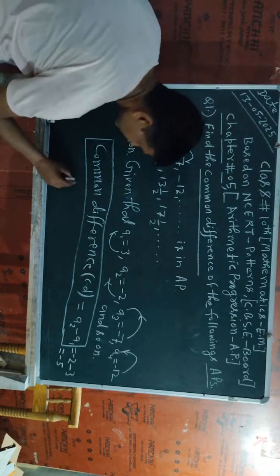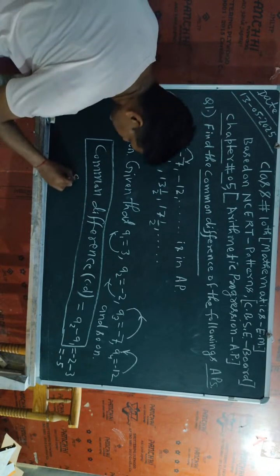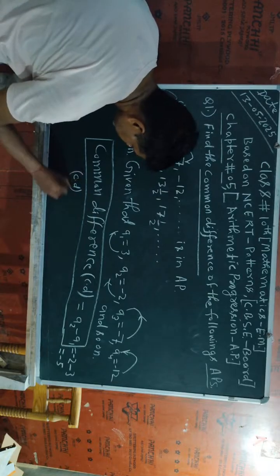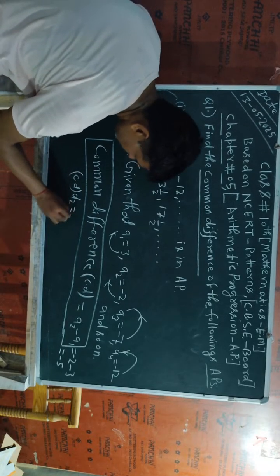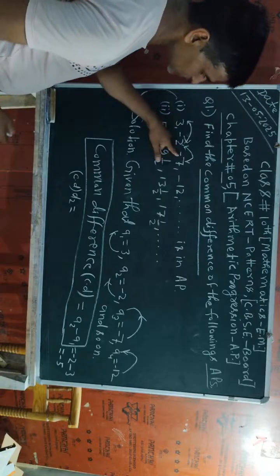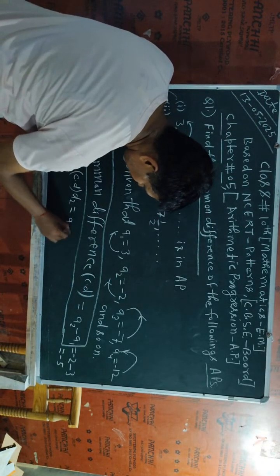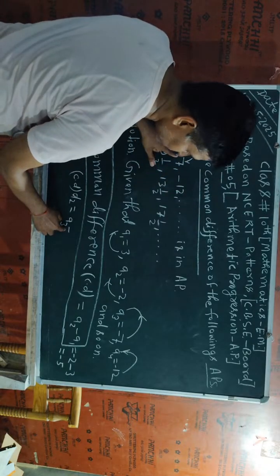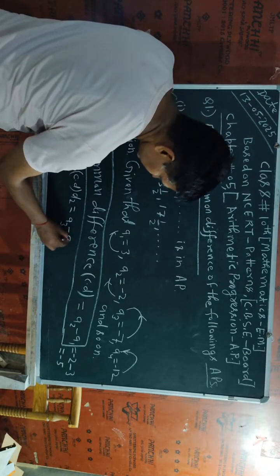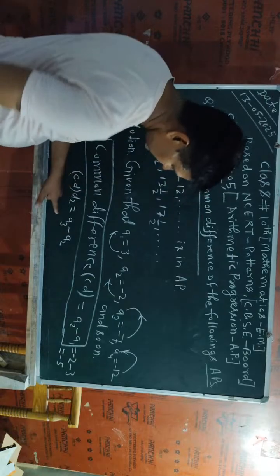So I will call this common difference D2. Now I am computing the second common difference. Its value is A3 minus A2.